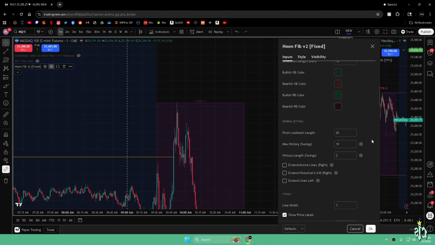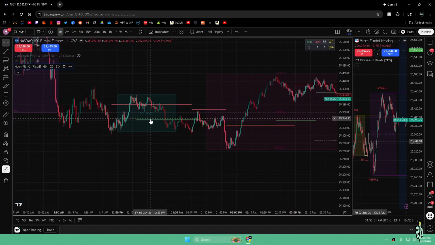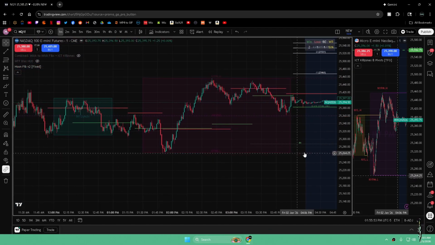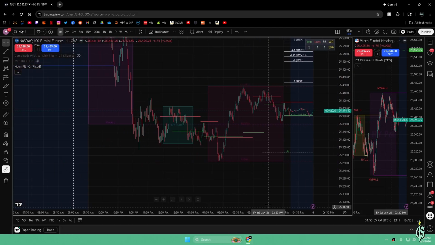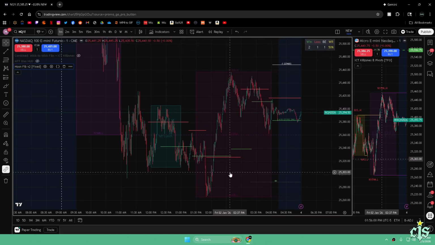And then we have our fib. Here's our fib. You don't want to change any of these settings besides max history, probably. It just shows you all these red and green lines, right? Now you might be wondering, what does the red and green lines indicate?